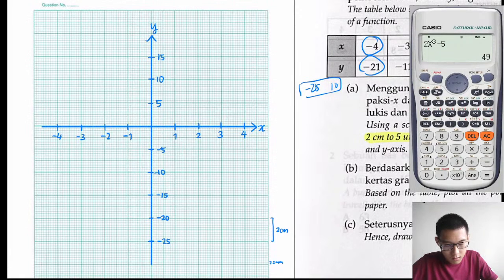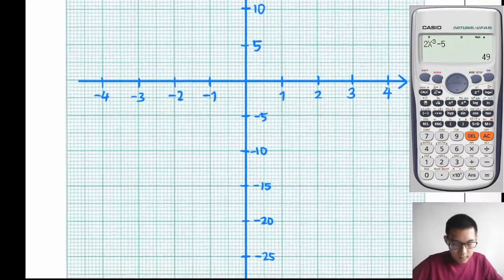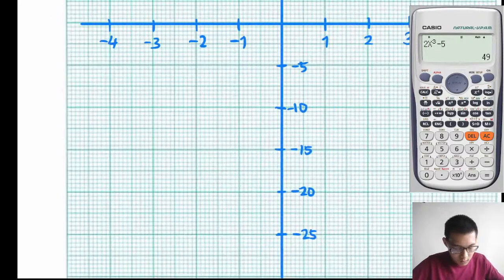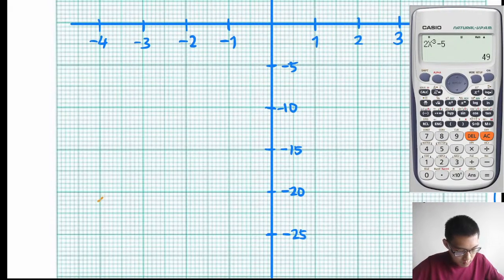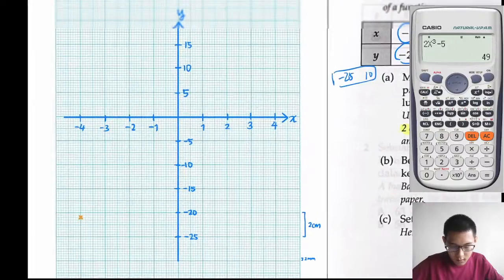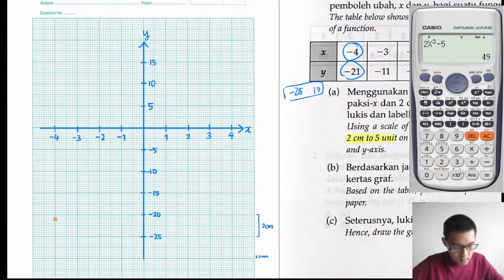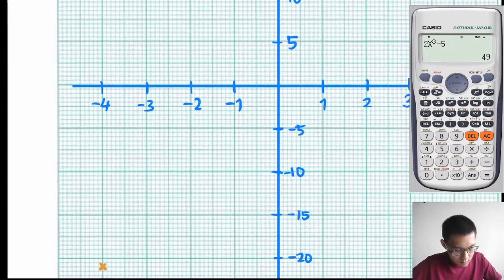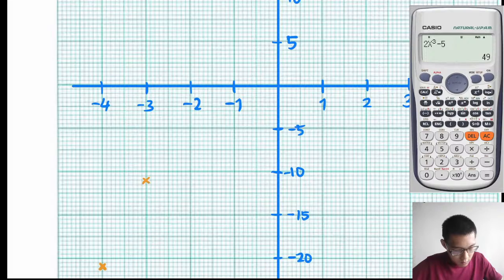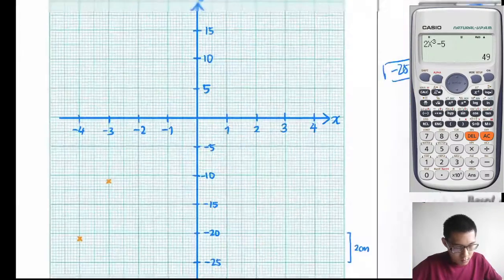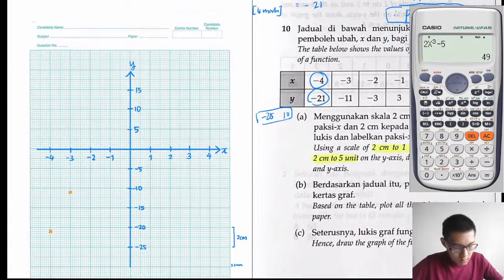We try to plot. -4, y is -21. Okay, -4, y -21. -21 is where? So it's here. So we use a cross. Okay, use x cross to plot the graph. When -3 is -11, 2 square grid or below, and then -2, -3.